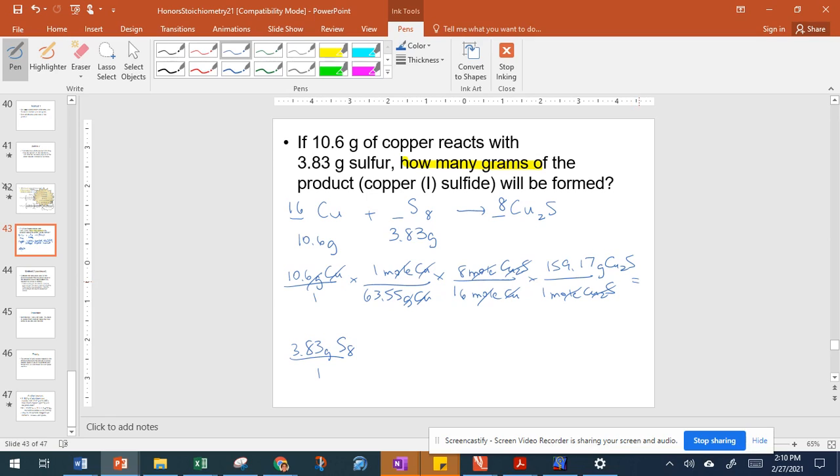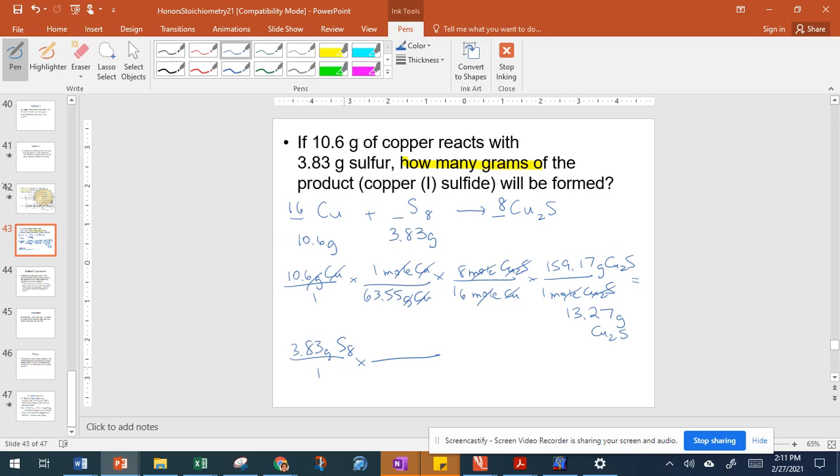If we do this, we get 13.27 grams of Cu2S.